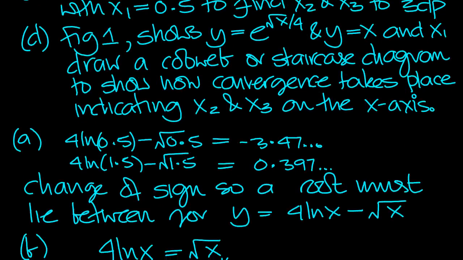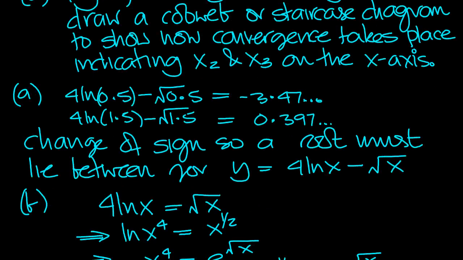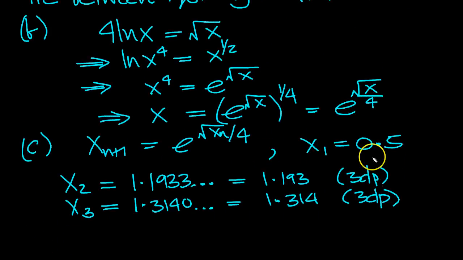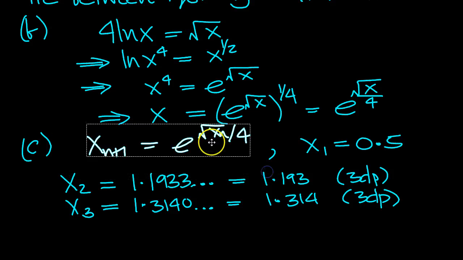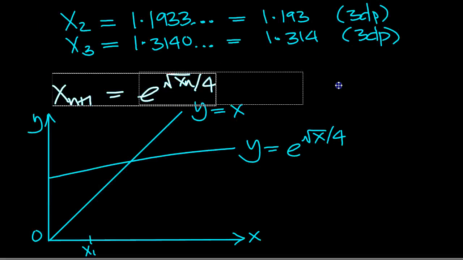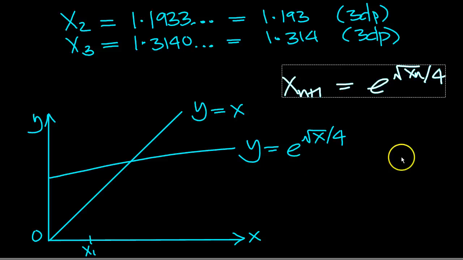Okay, figure 1 shows this curve and y equals x, and x1. Draw a cobweb staircase diagram to show how convergence takes place, indicating x2 and x3 on the x-axis. Okay, so our iterative formula is down here somewhere. So now I'm going to drag that and take it with me so we can have a look at it with the sketch. Okay, good. So here's the sketch.